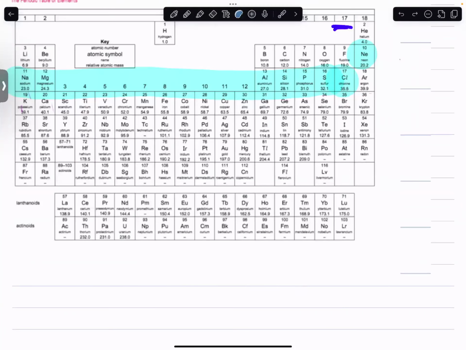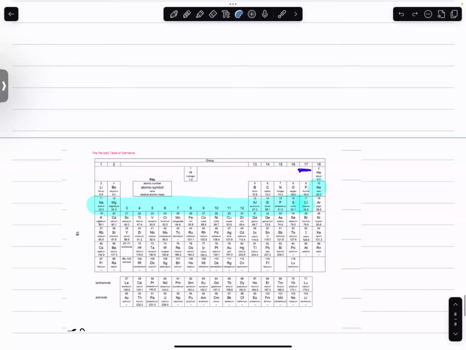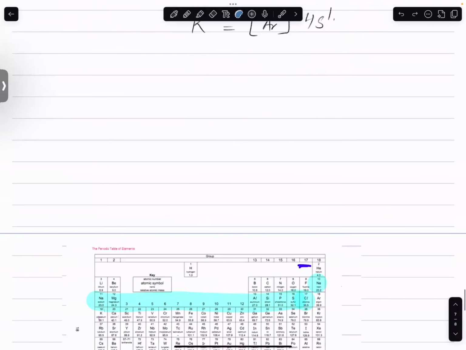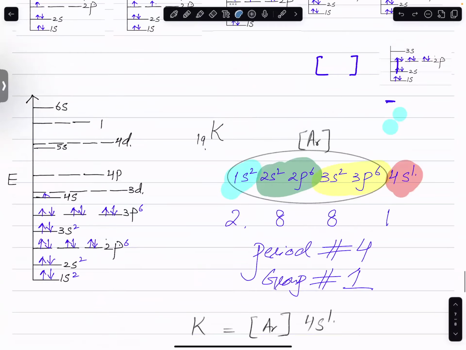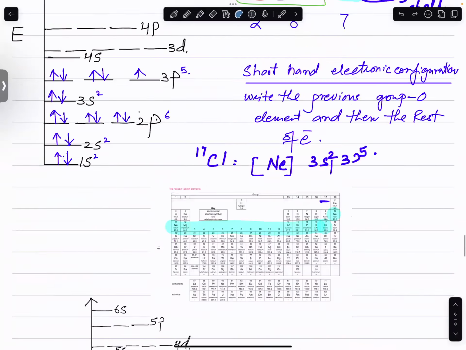Can't remove it. So you know what I'm going to do? I'm going to do it again. No way. Wait a minute.